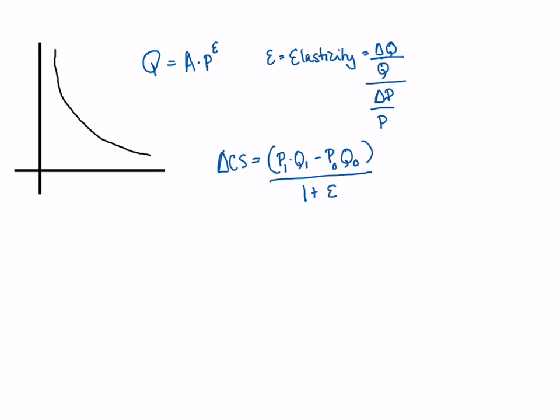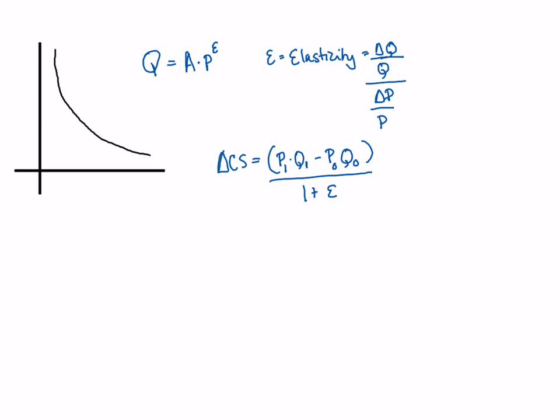So this is a formula. You don't need to derive this formula. Basically, I'm telling you that if you have a constant elasticity of demand curve and you know both the elasticity and the before and after prices, you can calculate the change in consumer surplus using this formula.